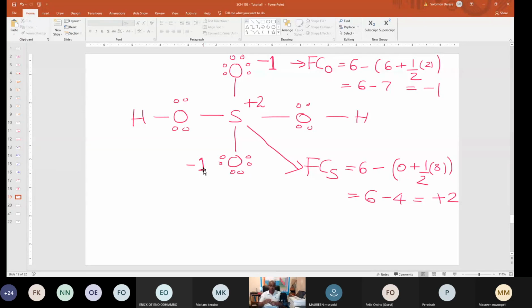So to cut the story short, what is going to happen? These 2 electrons will be used to form a double bond here. These ones will also be used to form a double bond in here. Therefore, the structure of sulfuric acid is this one.